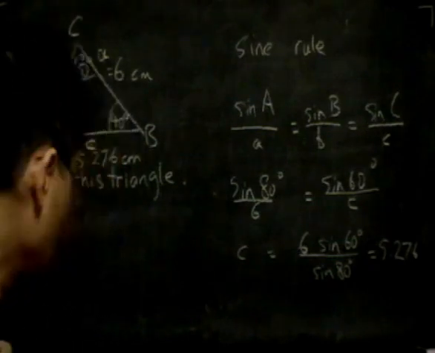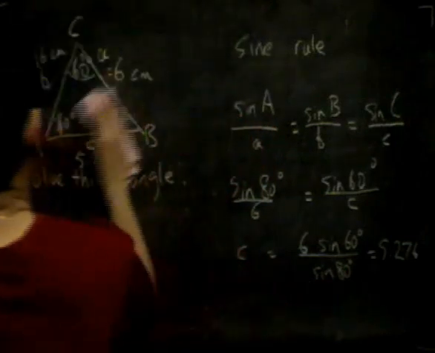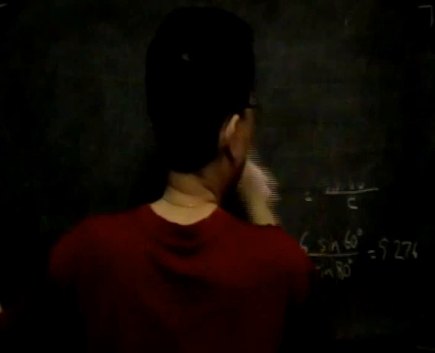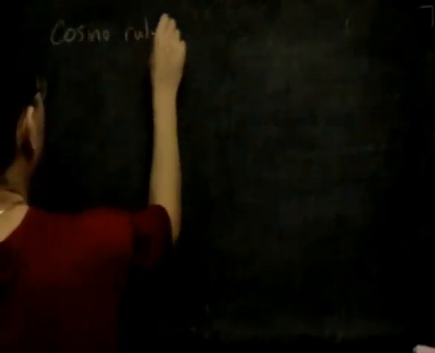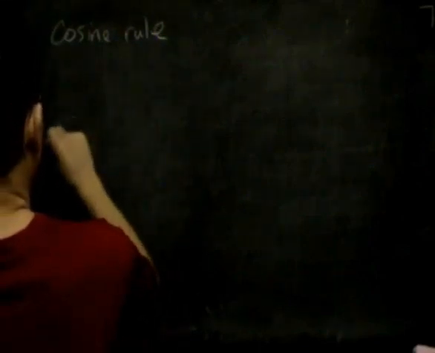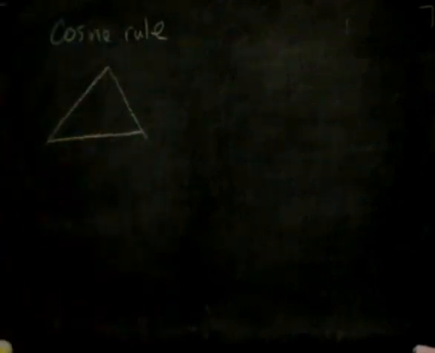Alright, the next rule we are going to look at is the cosine rule. Again we have a triangle.